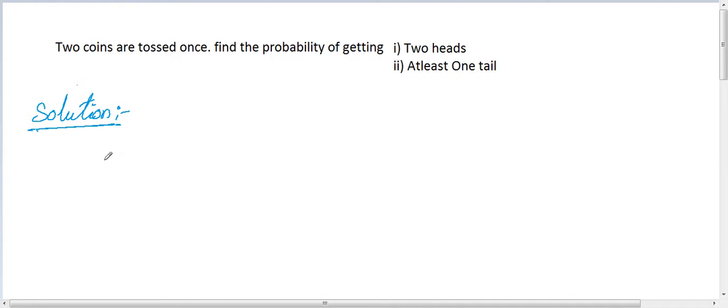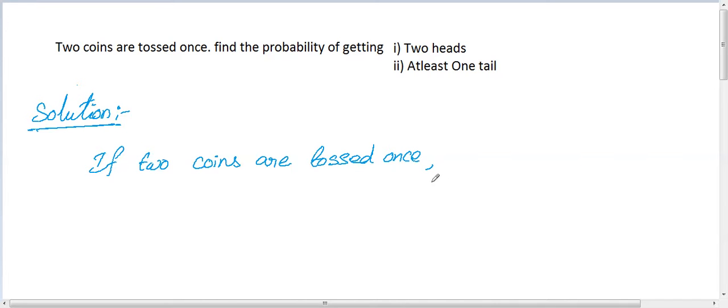So if two coins are tossed once, what are the possibilities?